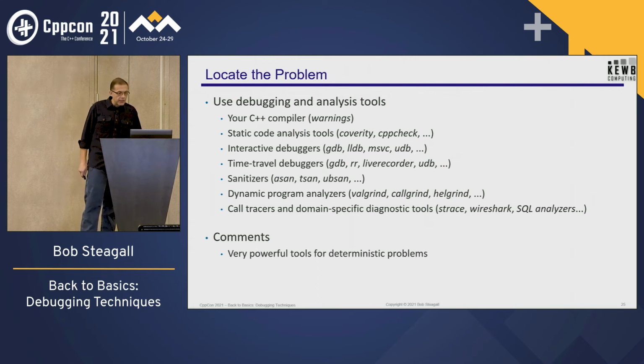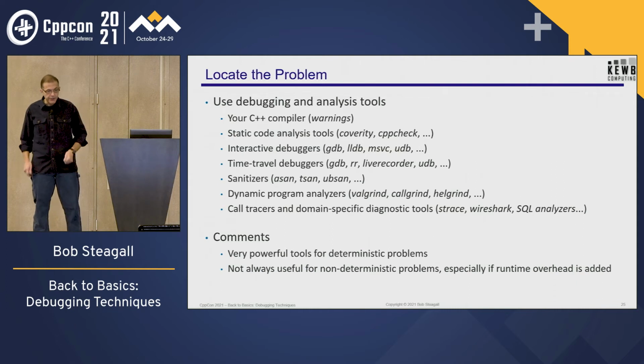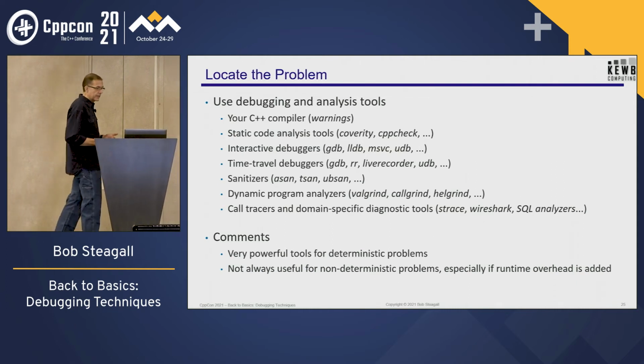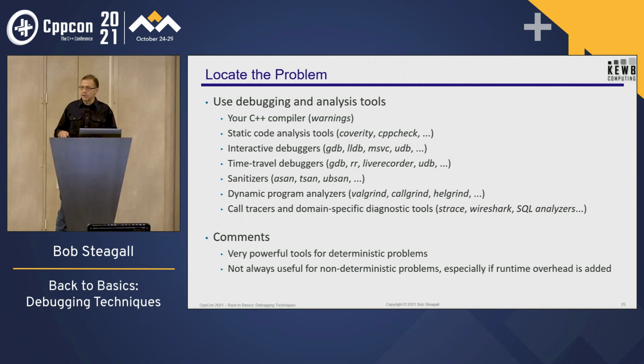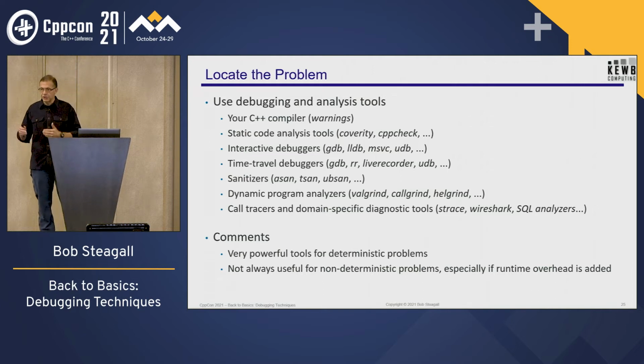So these are very powerful tools for deterministic problems. They're not always useful for non-deterministic problems, especially those tools that add runtime overhead. Like I said, just the act of adding some runtime overhead can cause the race condition, the data race, whatever, to not happen.